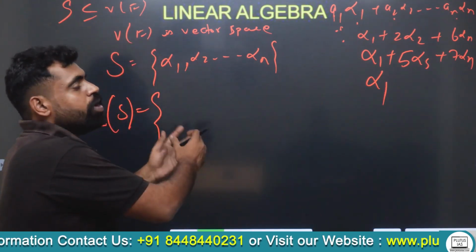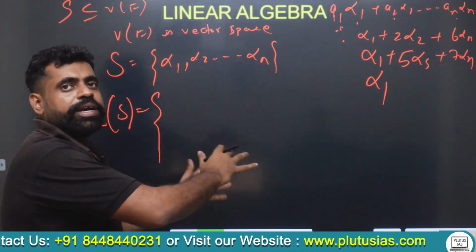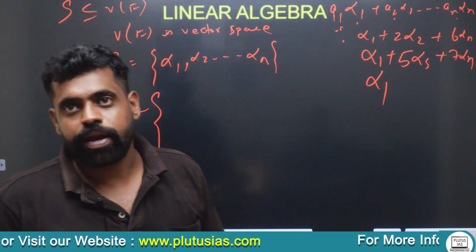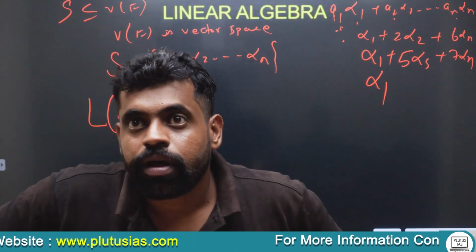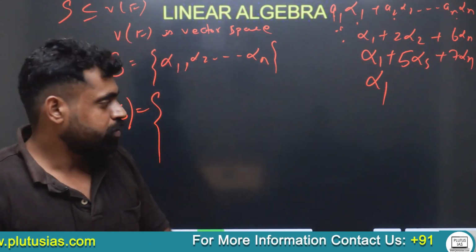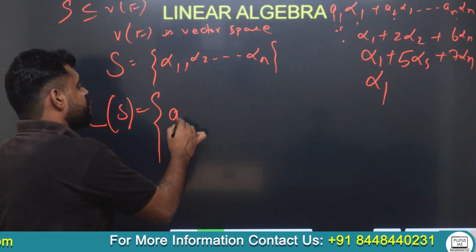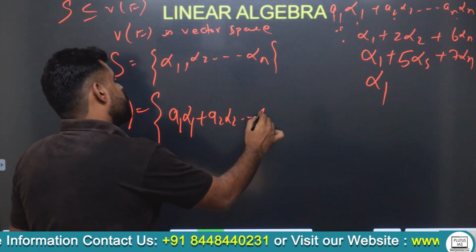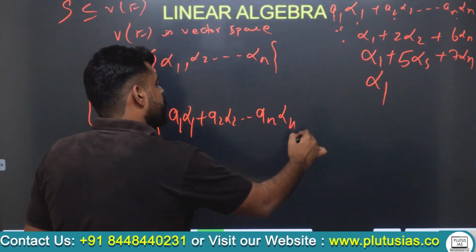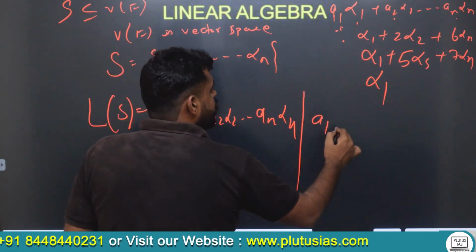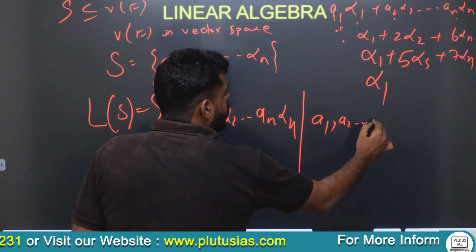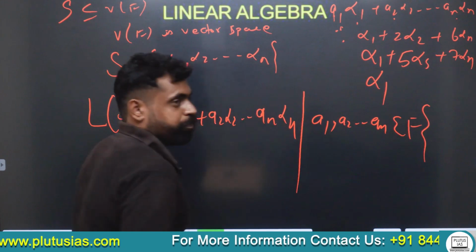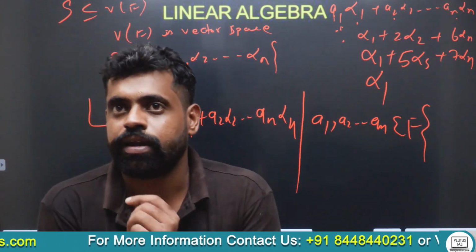So those elements which can be written as a linear combination of this come under the linear span. So we write it as a1 alpha 1 plus a2 alpha 2 dot dot dot an alpha n, where a1, a2, an belong to the field. Now did you understand?